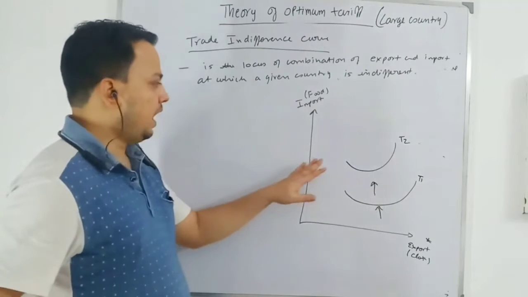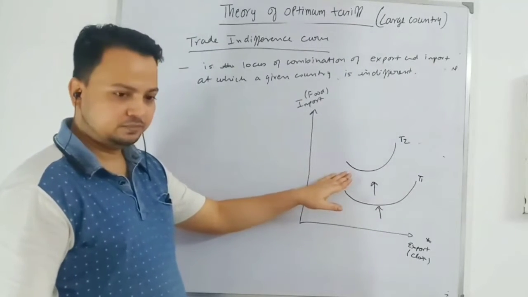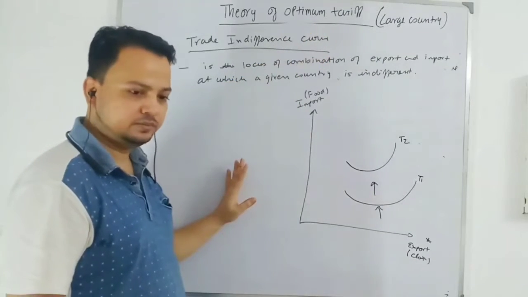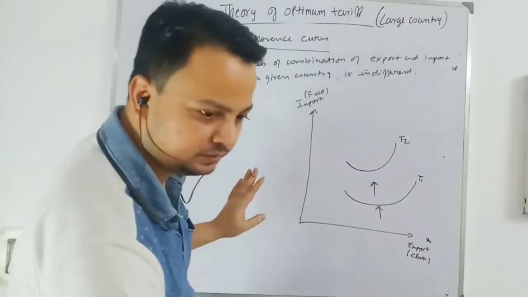Now, I am going to use the trade indifference curve in order to derive the optimum tariff for the home country using the offer curve.